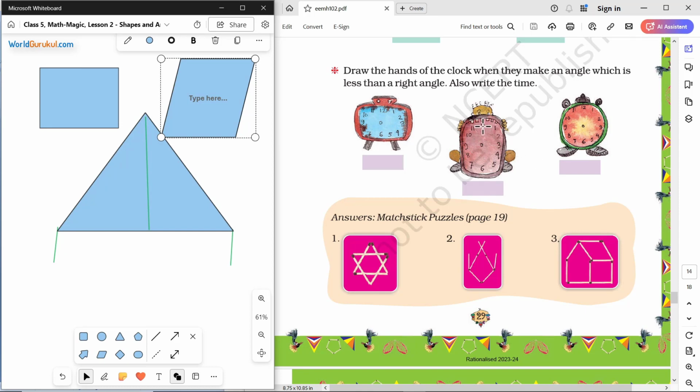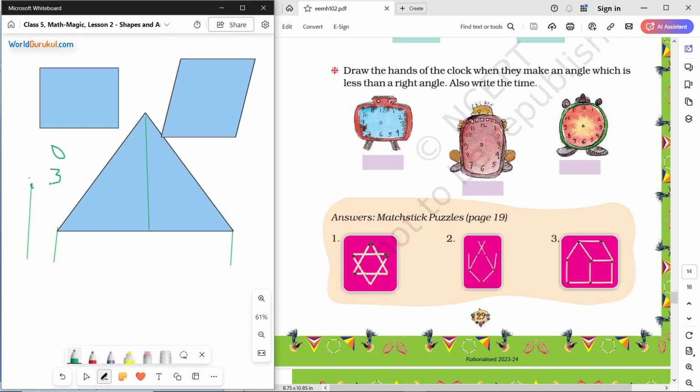Suppose all the three hands, hour hand, minute hand, and second hand, are in a single line, that is going to be 0 degrees or 360 degrees. Like if I draw a line, this dot, it can be 0 degrees or it can be 360 degrees, right?